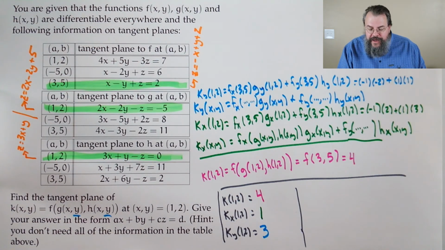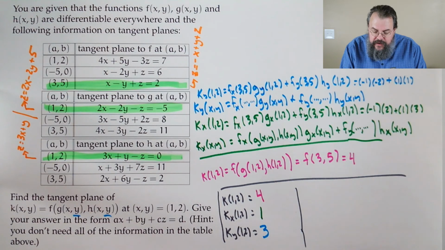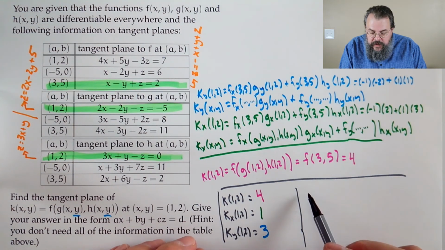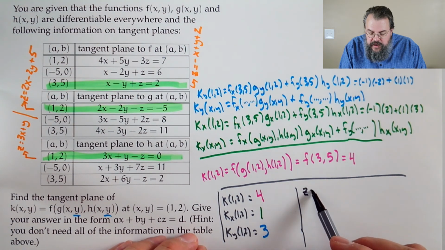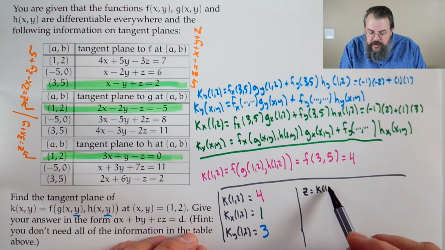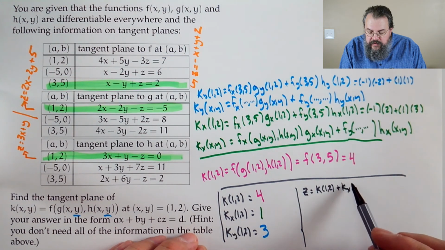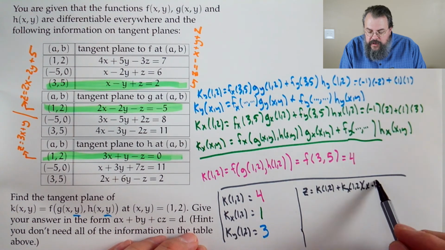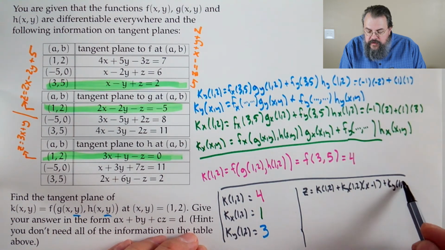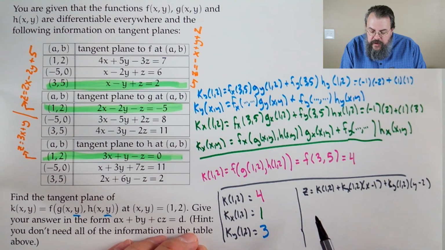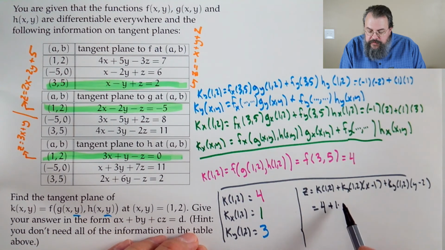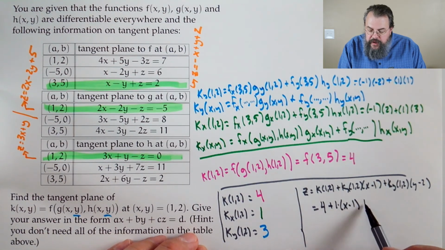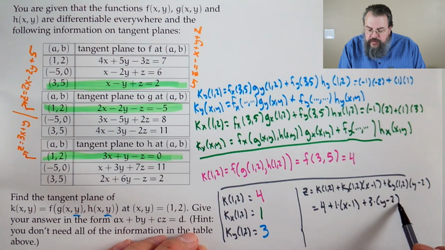All right. Well, we're almost there. We're in the home stretch. We have our data that we need to make our plane. So the last thing to do is actually just write down the answer. So our plane would be z equals k(1, 2) plus k sub x at (1, 2) times (x minus 1), plus k sub y at (1, 2) times (y minus 2). Well, so that's 4 plus 1 times (x minus 1) plus 3 times (y minus 2).